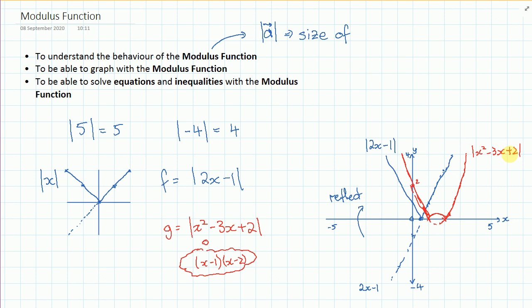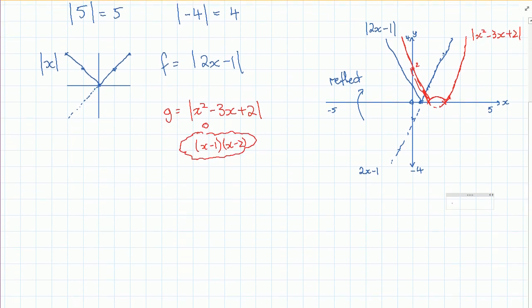Other things they can do with these graphs is try and get you to say where certain things happen. So let's just scroll down a little bit. Sorts of things that sometimes happen is they'll ask you to graph this one.